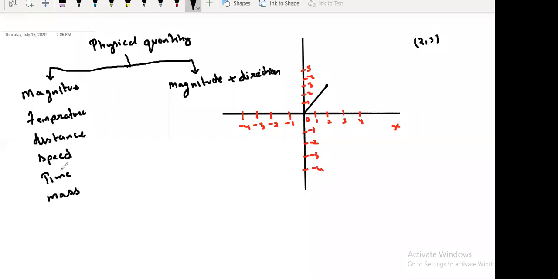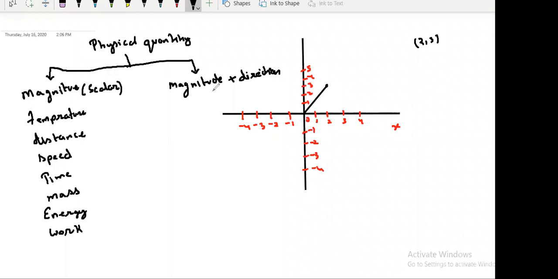So these all are physical quantities with magnitude. Energy, work, these all are called scalar quantities. Scalar means value. Okay, scalar quantities.